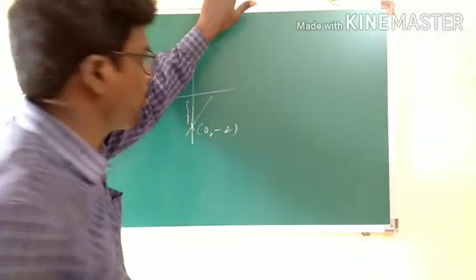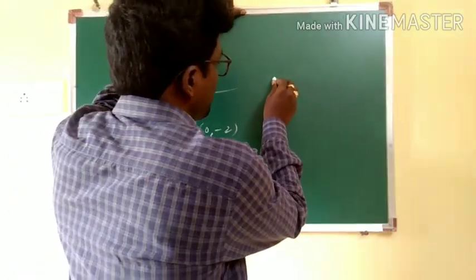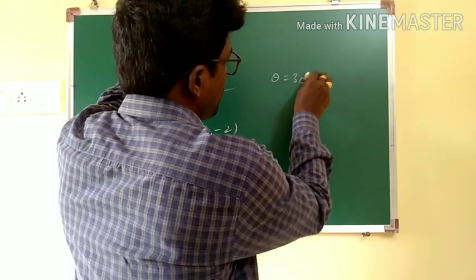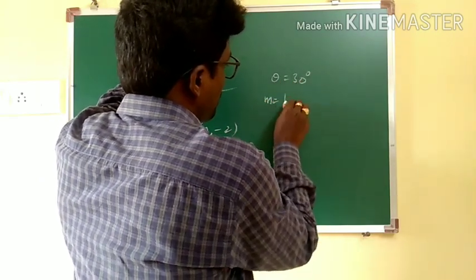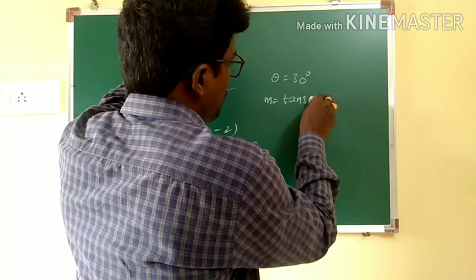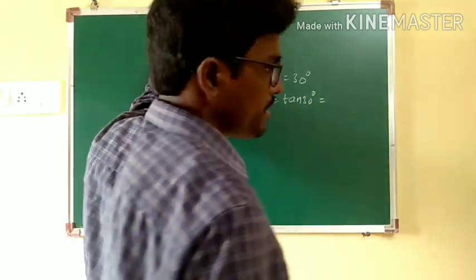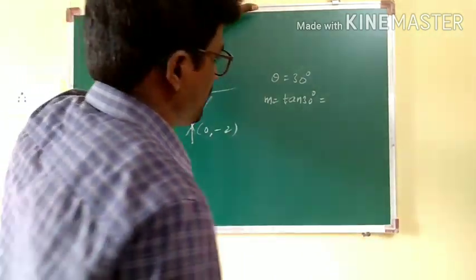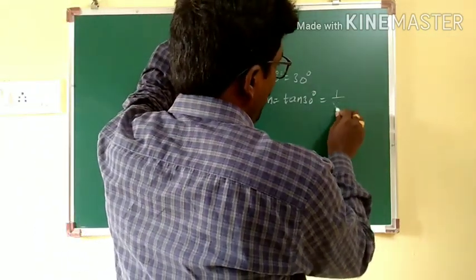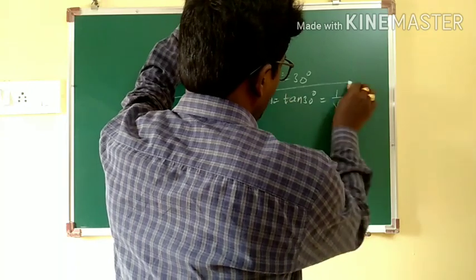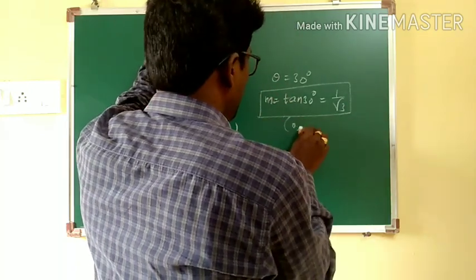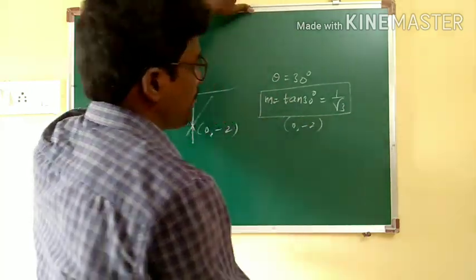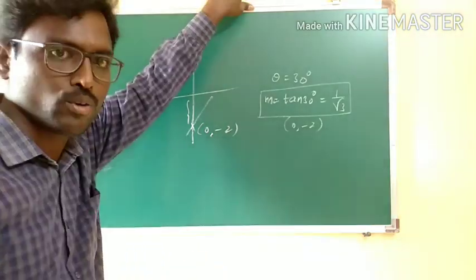Inclination is 30 degrees in the sense theta is equal to 30 degrees. Therefore, m is equal to tan 30. Slope is tan theta. If theta is inclination, then slope m is equal to tan theta. So tan 30. What is tan 30? 1 by root 3. Means you have got the slope here. And already you know the point, that is 0, -2.